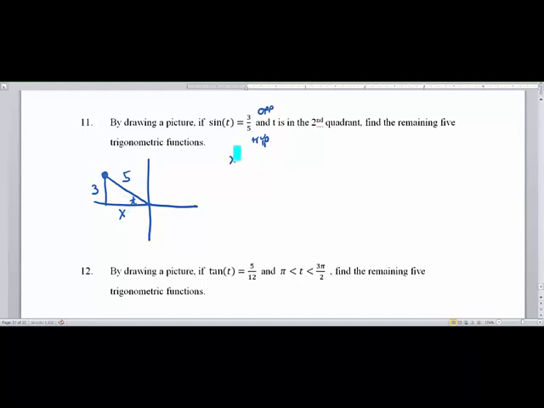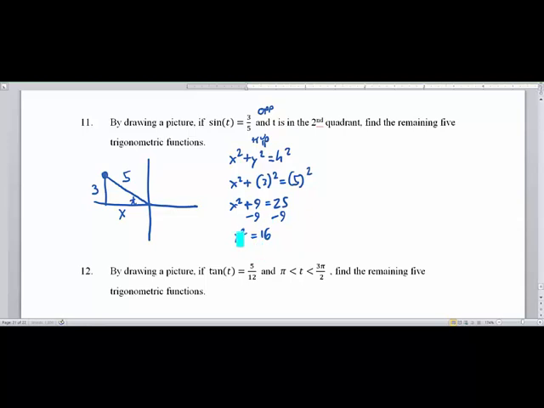So we're going to bust out my Pythagorean theorem, x squared plus y squared is equal to h squared. X is going to be unknown, but we do know my y, which is 3, and we do know my hypotenuse, which is 5. So x squared plus 9 is equal to 25. Then we subtract 9 from both sides using inverse operations.